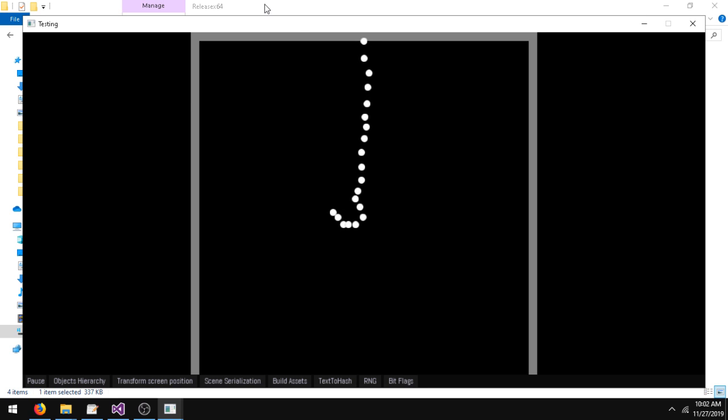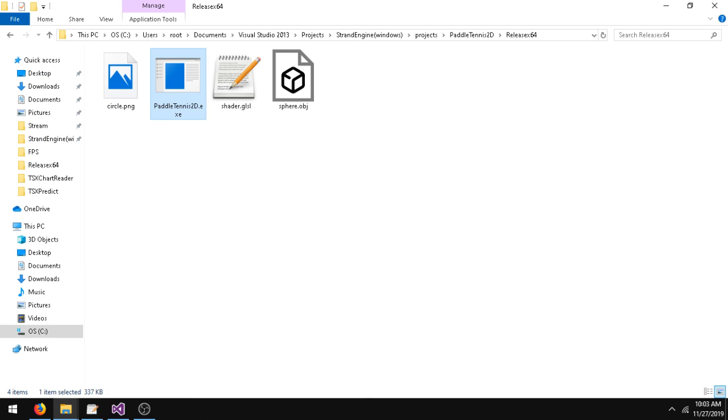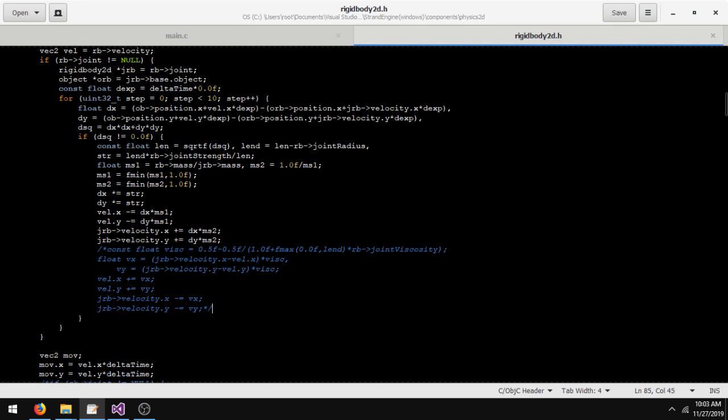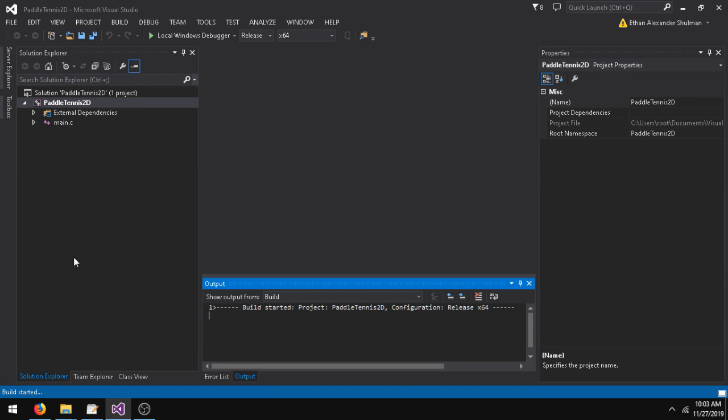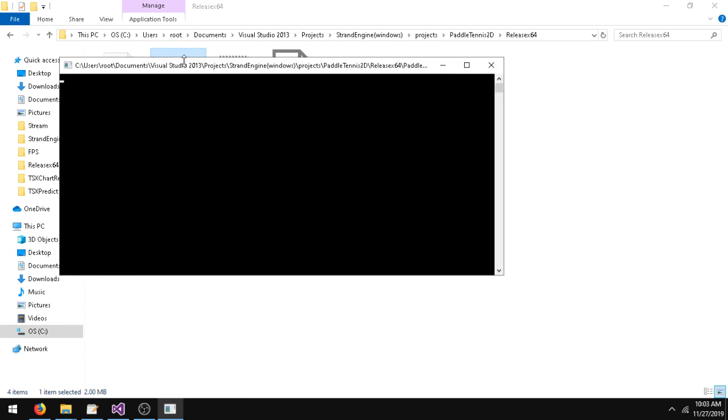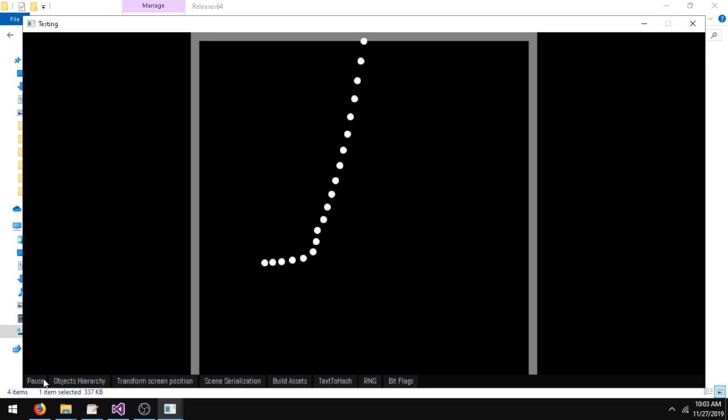Oh yeah, because I think it has to loop through all the joints. It looks like it's dancing though.